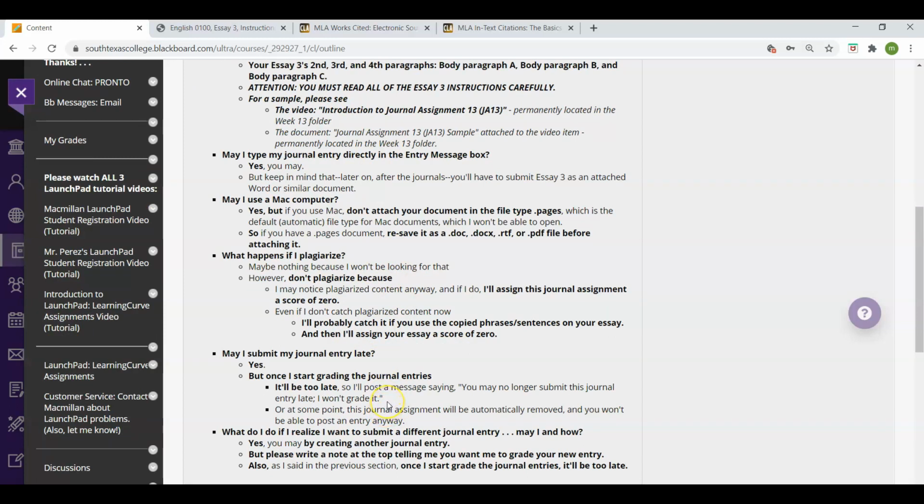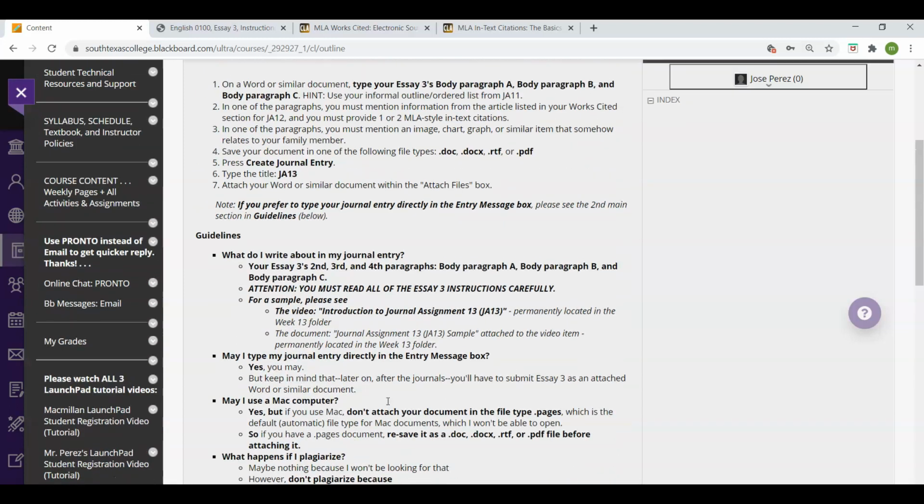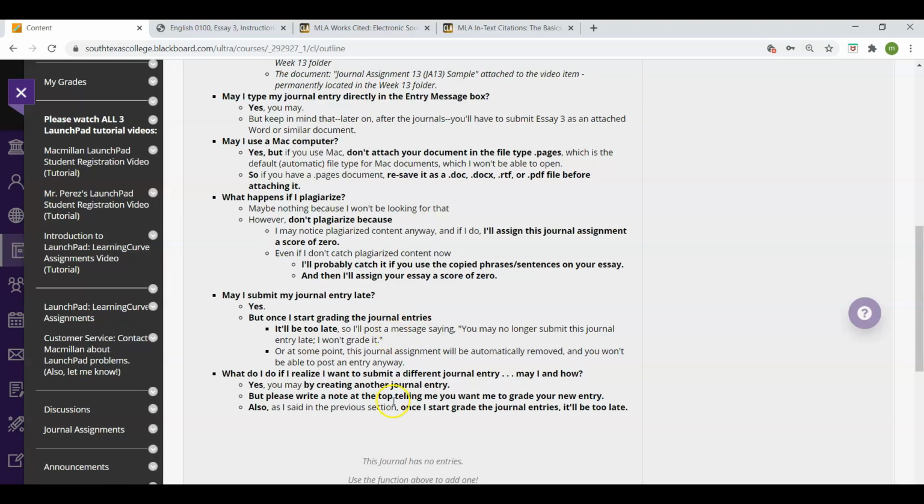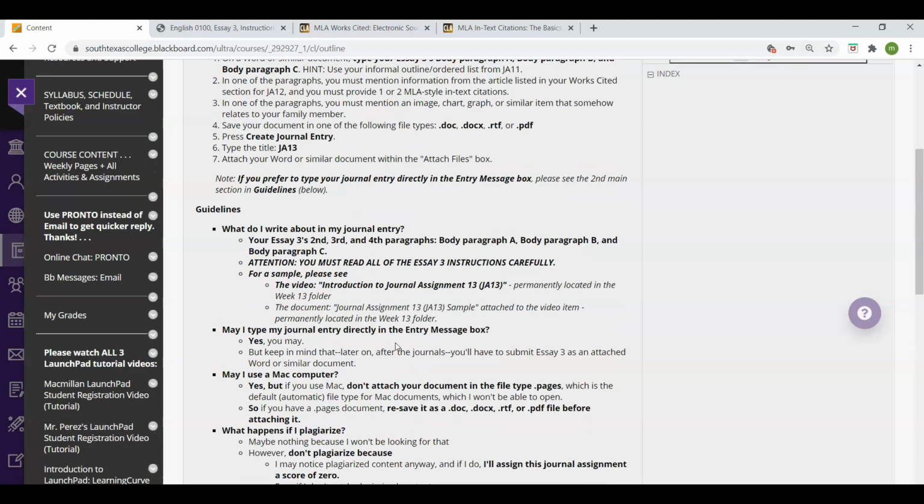That doesn't happen often, but it does happen. And at that point, I can't give you a grade or a score for something that I couldn't open and read, okay? That's just common sense. So make sure you read this so you can avoid problems of that nature.